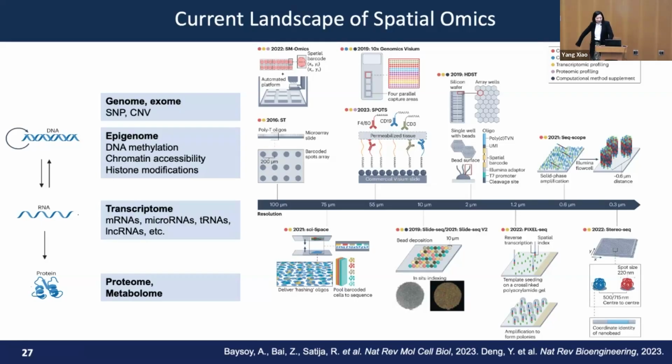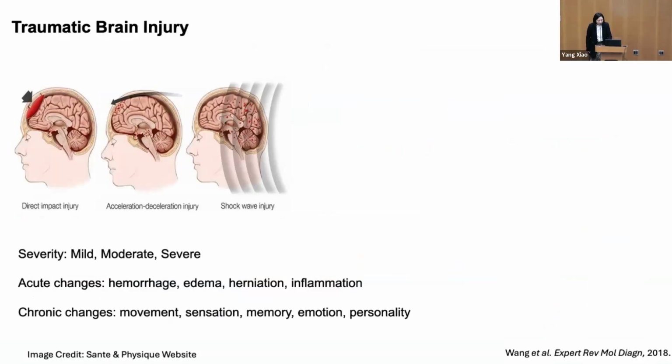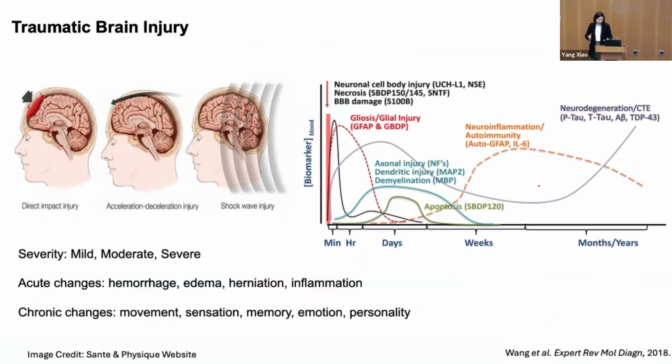So the model we're using is traumatic brain injury. The rationale is that psychiatric and neurodevelopmental diseases are not strictly spatially variant diseases. But with traumatic brain injury, you can control the region of the injury, the impact of the injury, and the duration of the injury.